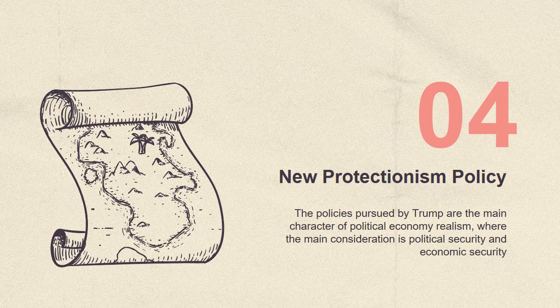And the last, new protectionism policy. One of Trump's most prominent policy concerns is the economic model that tends to be protectionist. The policy issued by Trump reflects political economic realism, where the main considerations are political security and economic security. Well, the power logic is the right path to explain the political dynamics that have occurred so far. There are several analyses that are quite prominent in considering this approach.